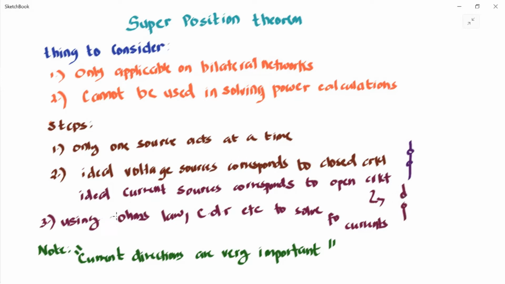Step number three is using Ohm's law, current division rule, etc. We need to solve currents using these methods. Note that current directions are very important because they have a great significance in solving the final, real-time currents. Okay, so let's get started with our first example.